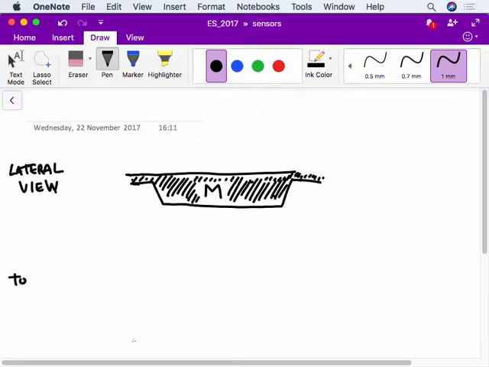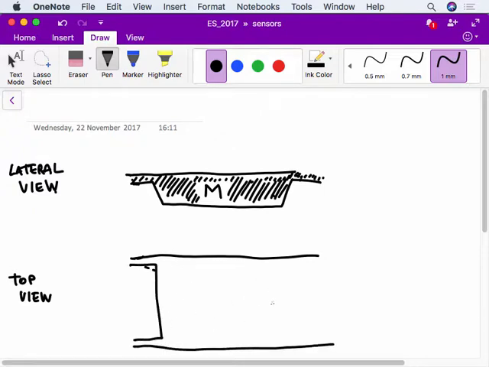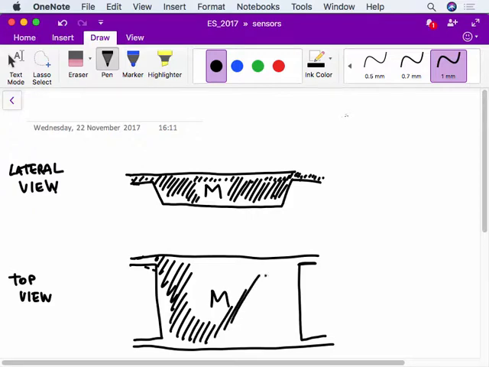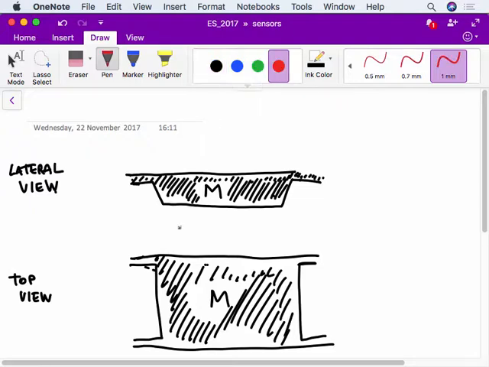If I look at the top view, I see something like this. I have this rectangular membrane, and then four small connections. This is the membrane, so this is silicon oxide. And then we have four small connections which connect this membrane to the case.